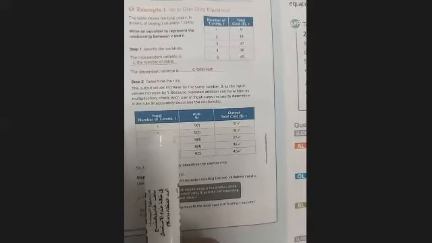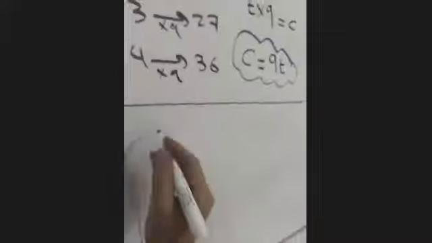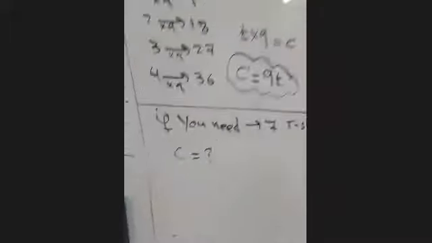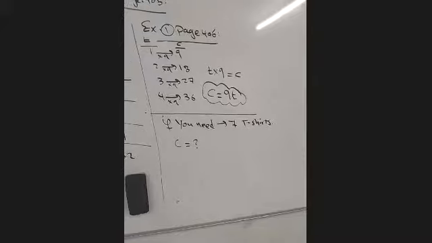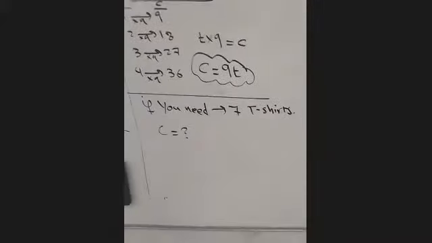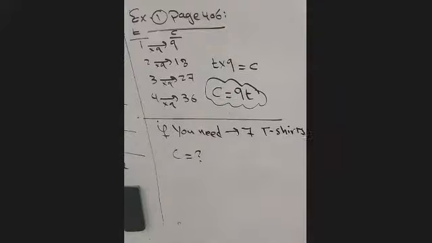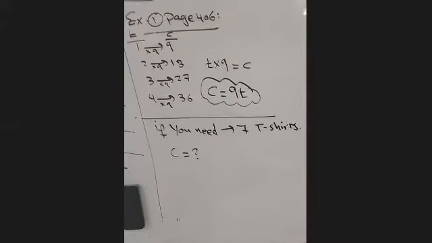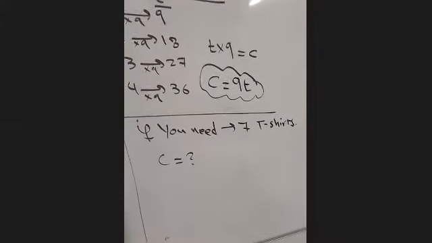But if you need to buy 7 t-shirts, who can tell me what is the cost? It is $63. How did you get 63?